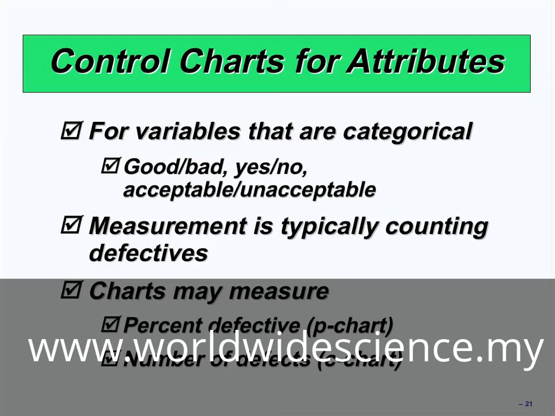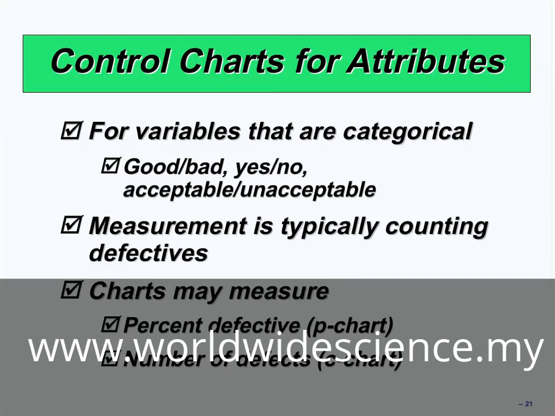P chart and C chart usually involve attributes, because in this chart we don't calculate anything. I mean that we don't calculate the average and mean. We involve the number of defective products.